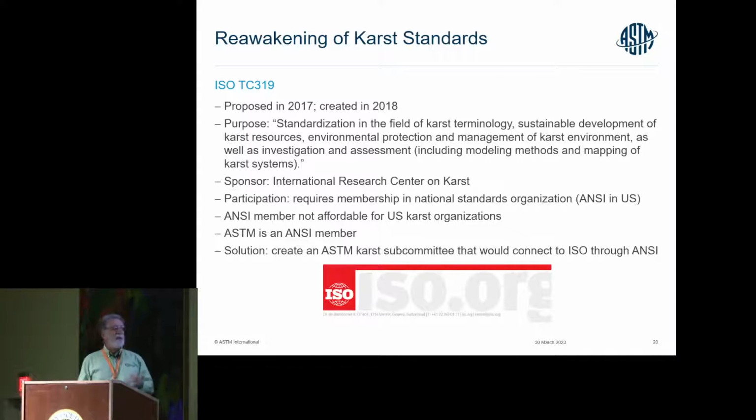So that's when I contacted ASTM because ASTM is a member of ANSI. So in talking with the good folks at ASTM, we worked it out. The way to make it happen was that we would create a karst subcommittee in ASTM, and then that would liaison with ISO, with their karst committee. And so it would give us a way of working together.